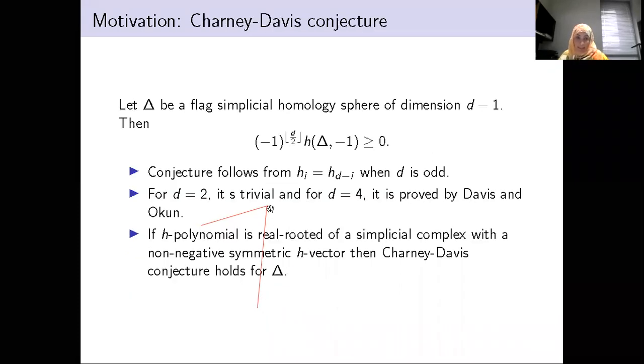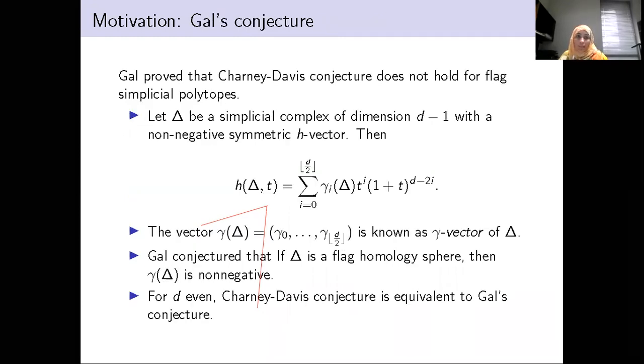But if your h polynomial is not real rooted, then you can't say anything about the Charney-Davis conjecture. At that time there is Gal's conjecture, because Gal gave an example of an h polynomial which is not real rooted, and so he came up with this new vector which is called the gamma vector. How do you get this gamma vector?